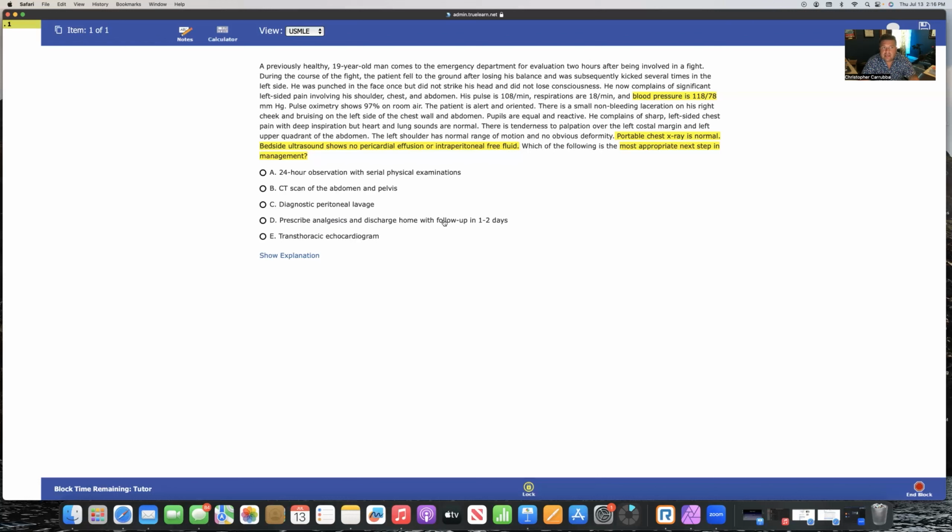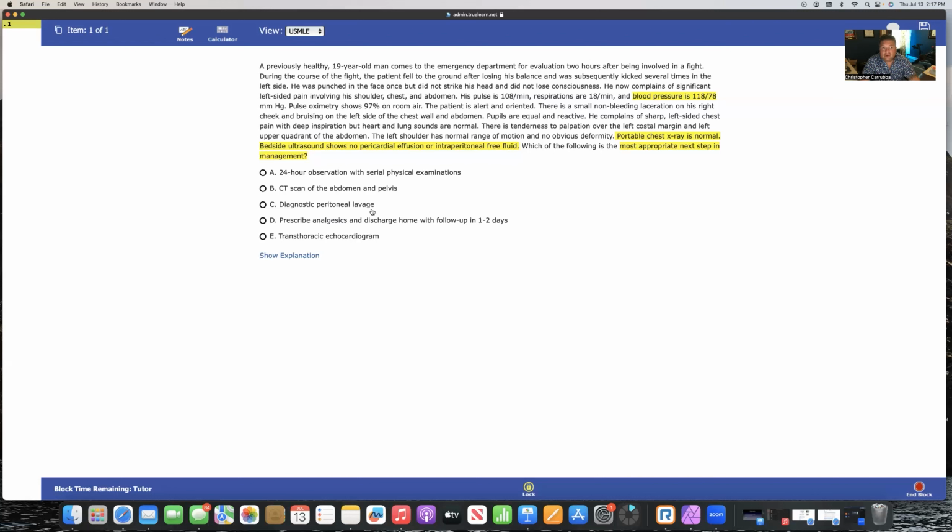And you shouldn't like that. You should know at this point that FAST is not going to diagnose everything. It wouldn't be able to detect a contained hematoma. It wouldn't be able to detect small bleeding at this point. So that's really not going to be the direction that we would want to go. A and D are just not aggressive enough for finding that injury that could be there. TTE, we've kind of already ruled that out pretty quickly as a junk answer, so we're not going to think too much about that. And we're really down to B and C.